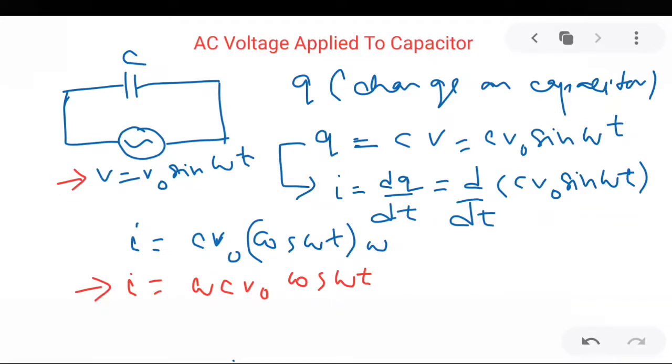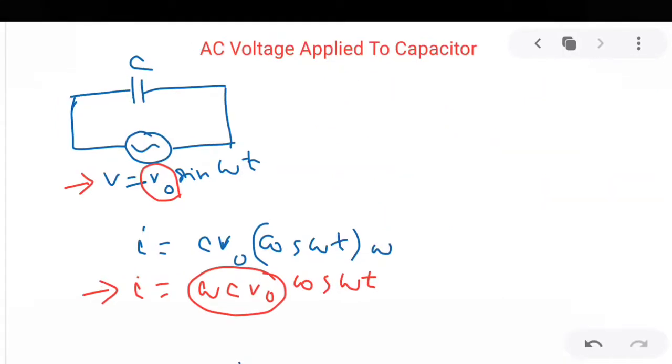Okay. Now see, this is the peak value of the voltage. Similarly, this is the peak value of the current, isn't it? So this quantity is the peak current. Why am I calling it peak current?